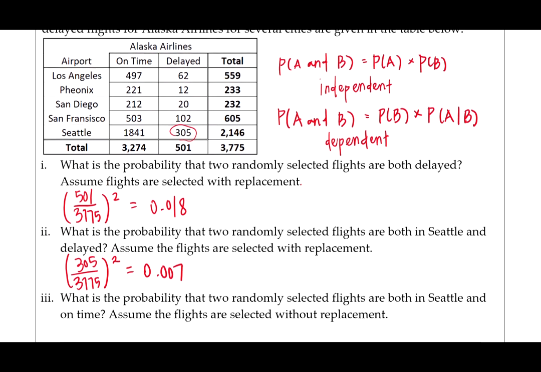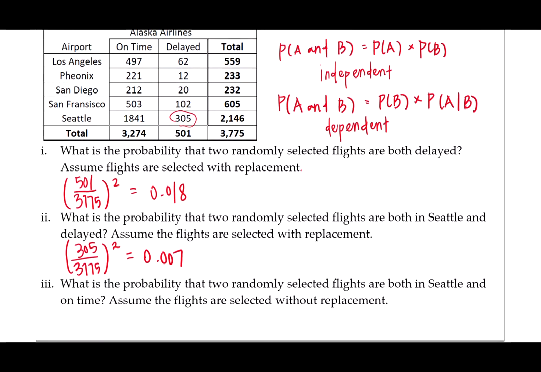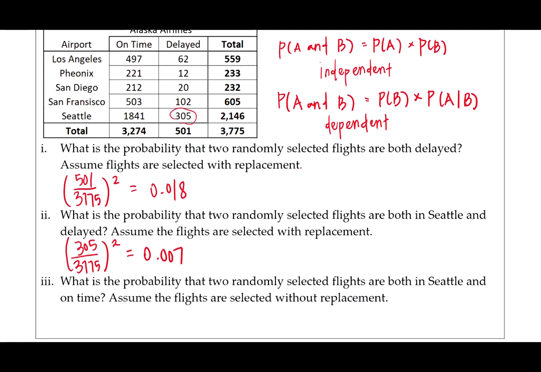All right, one more example, part 3. What is the probability that two randomly selected flights are both in Seattle and on time? Now assume the flights are selected without replacement. Okay, so for our first flight, we want it to be in Seattle and on time. There are 1841 of those flights, and we'll divide again by 3775.